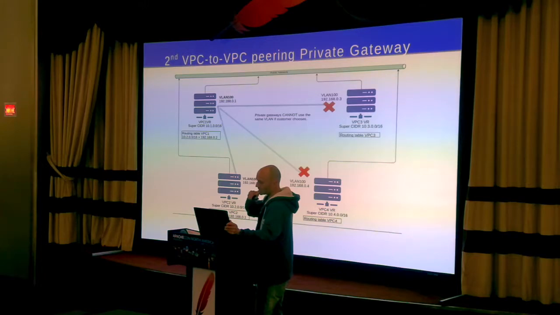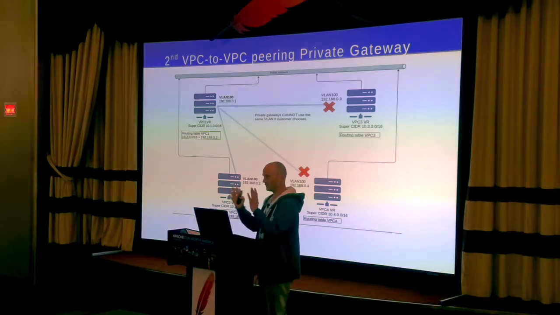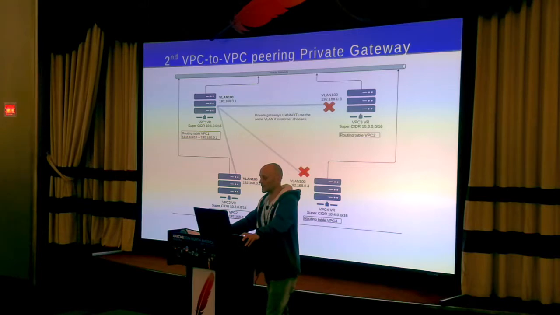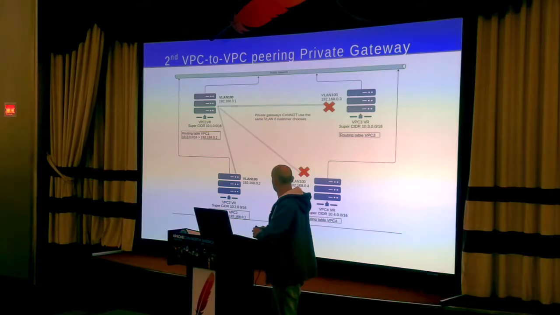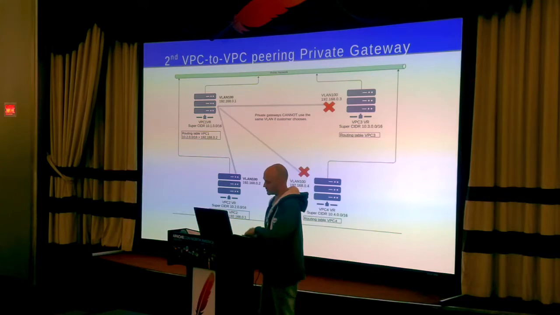Since you cannot reuse the VLANs, you can start running out of VLANs if you only have a limited range. This slide just shows how CloudStack does not allow you to use the same VLAN more than once. You can only peer with one, then you have to specify a new one each time.